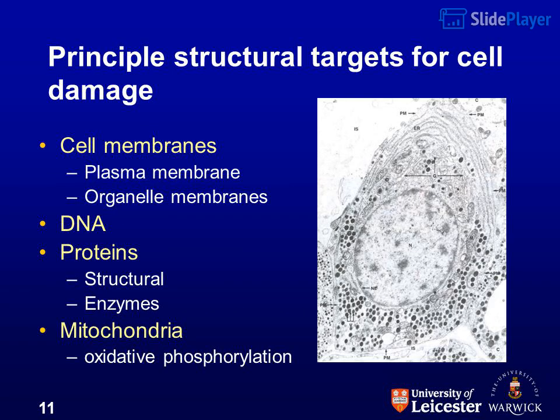Principal structural targets for cell damage: cell membranes, plasma membrane, organelle membranes, DNA, proteins, structural proteins, enzymes, mitochondria, oxidative phosphorylation.